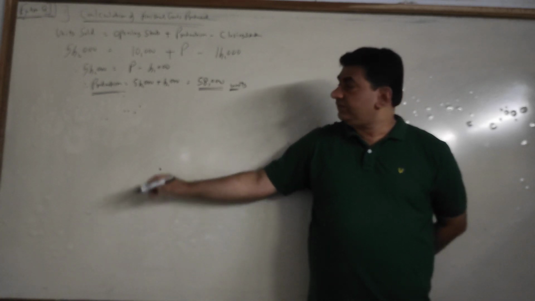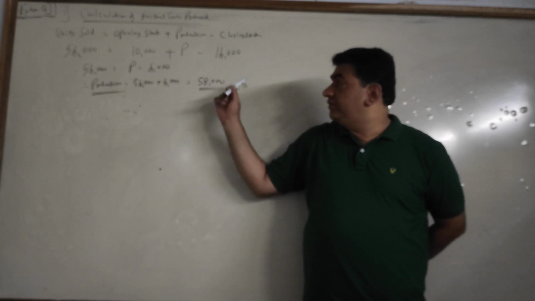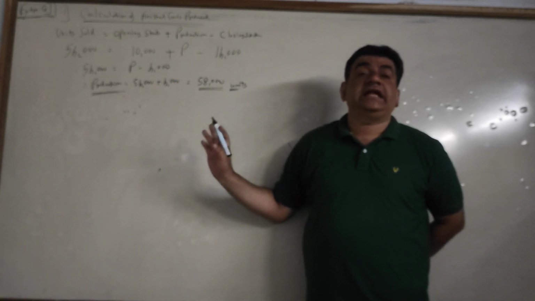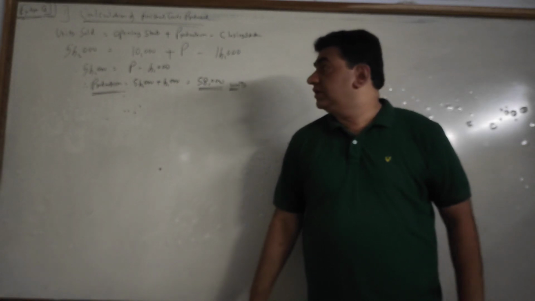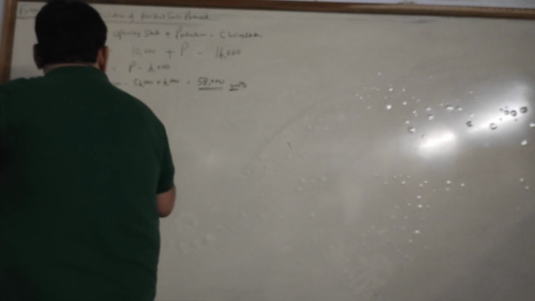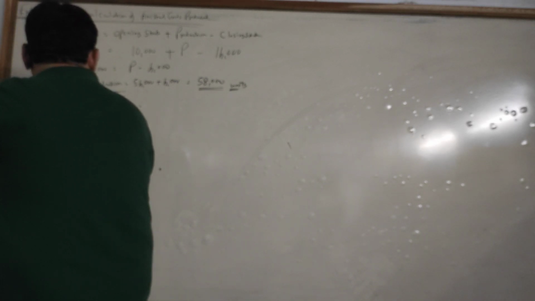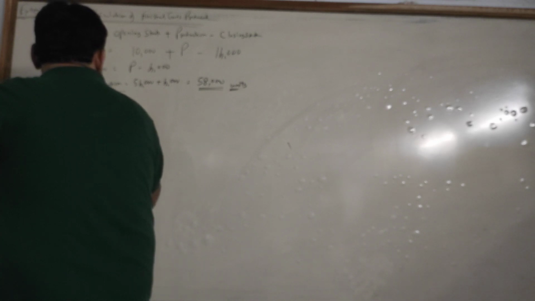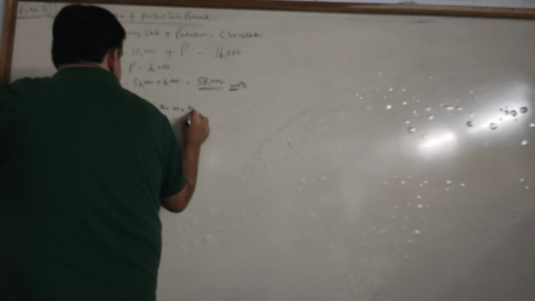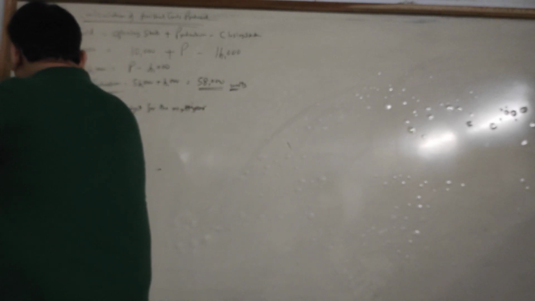Now listen, to decide how much I will buy for 58,000 units, I will make a second table, which will be your material purchase budget. We'll show it in the form of a table. Material purchase budget for the next year. Just a small table. There are two materials.